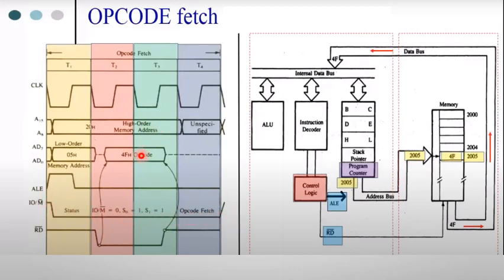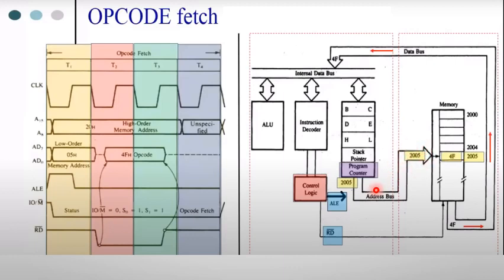I will repeat this complete timing diagram once again, because once you understand this, you can easily understand the rest of the timing diagrams. So the first duty is to fetch the opcode, right? In order to get the opcode, the address where the opcode is written should first be obtained by the microprocessor.